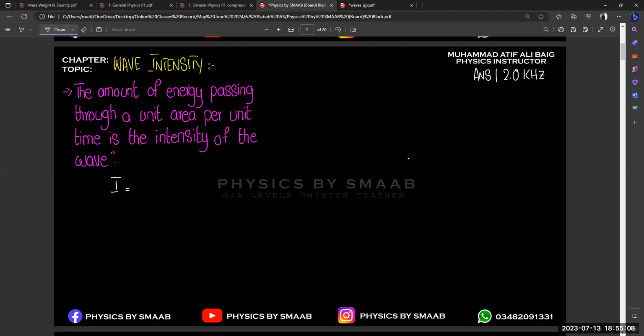So the final formula is I equals P over A. P is derived from the rate of doing work or the rate of change of energy. In simple words, the power generated by a wave per unit area is known as intensity. This is a very basic definition for wave intensity.